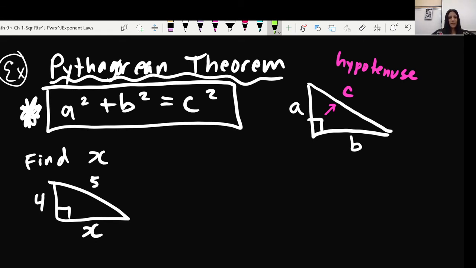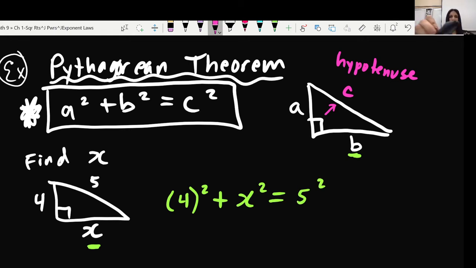If I am looking at this, the 4 is like the A. So I'm going to say 4 squared plus the x is like the b down here, so plus x squared equals 5 squared. So this 5 is this, which is like the hypotenuse, just to make it super clear for you.